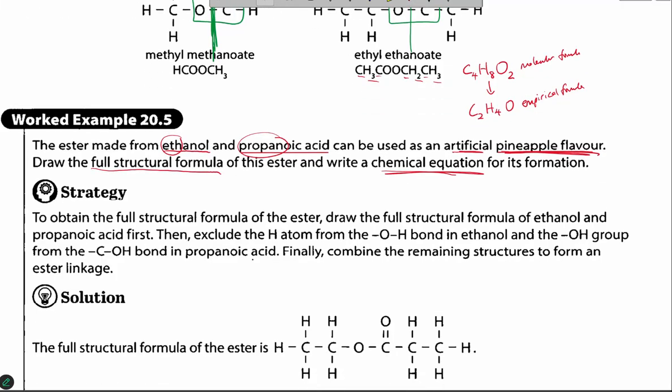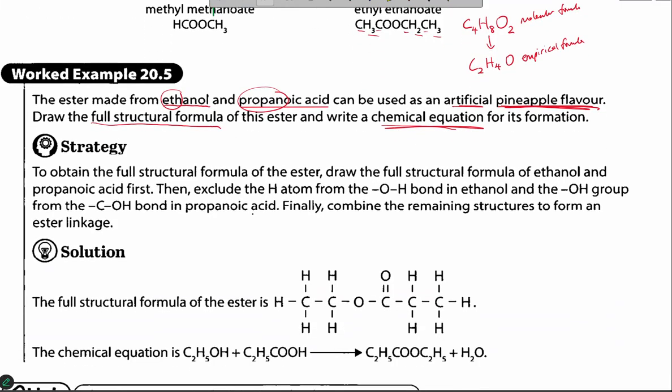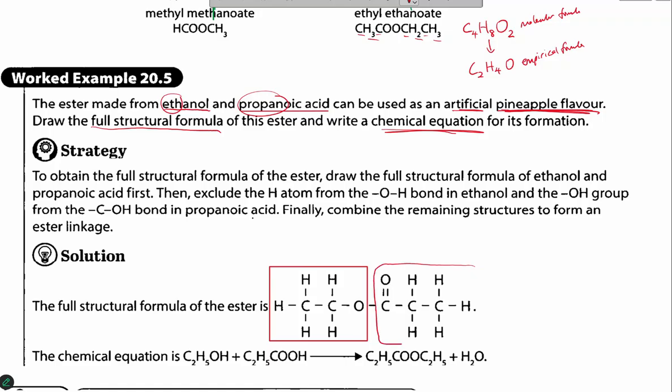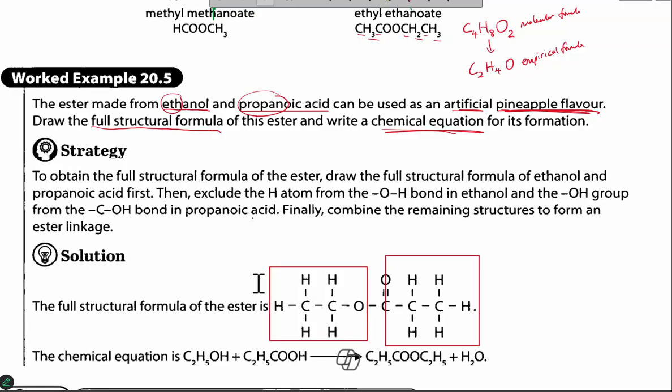So first of all, you must recognize that there's ethanol. Ethanol, if you remove an H, this is how it looks. Ethanol without the H. Then the propanoic acid has 3 carbon without the OH. So this is propanoic acid without the OH.